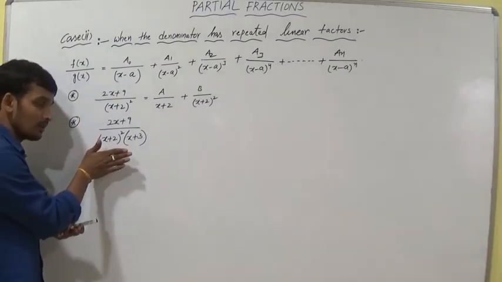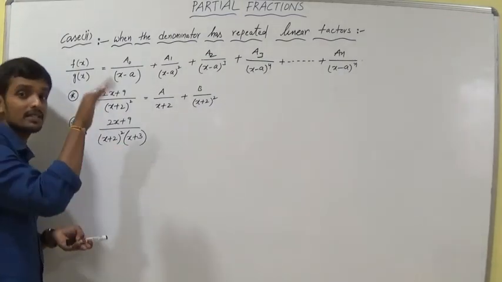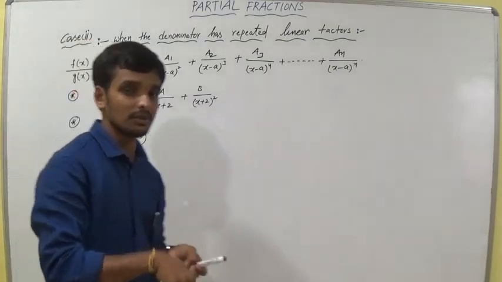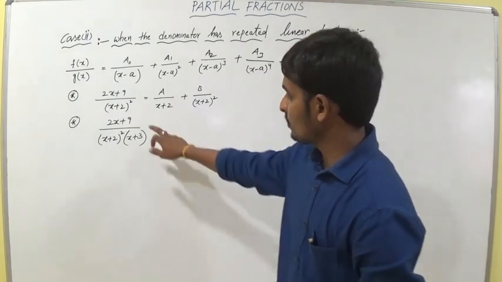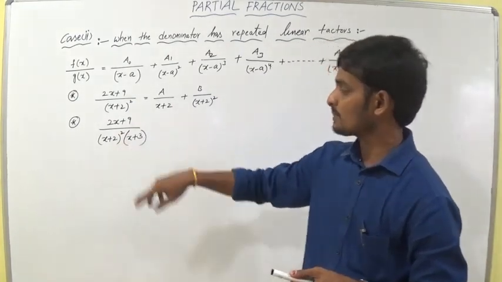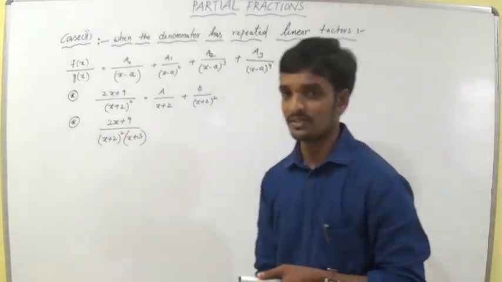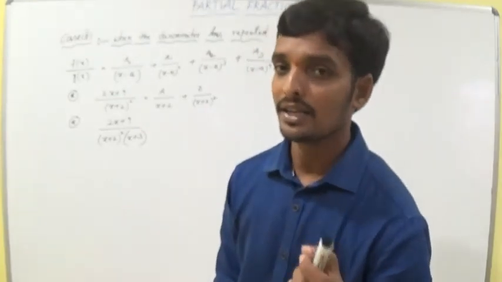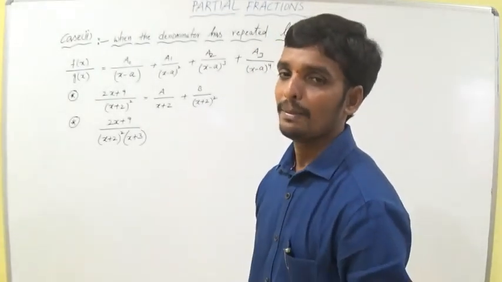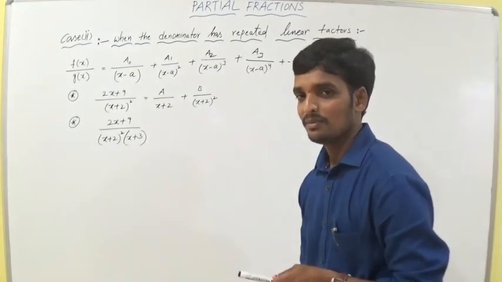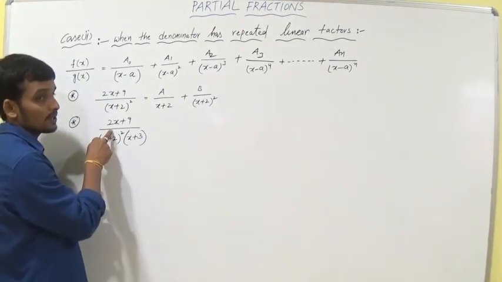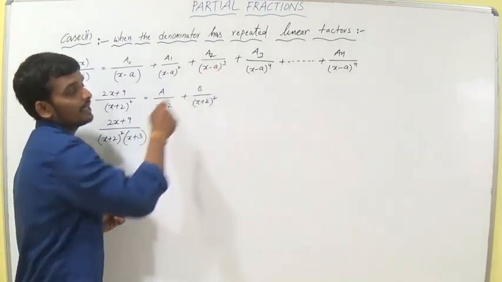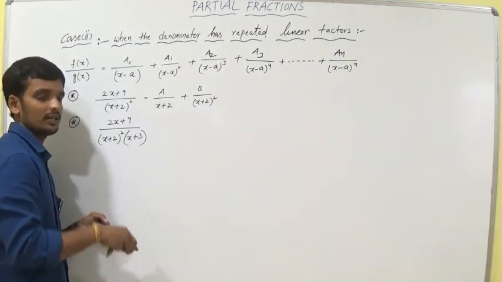So we have to solve this problem. In the previous case, that means case 1, can we solve the problem 2x plus 9 by (x plus 2) whole square into (x plus 3) into partial fractions? Can you solve it by case 1? We cannot. Why? Because the denominator has (x plus 2) whole square, which is a repeated linear factor.